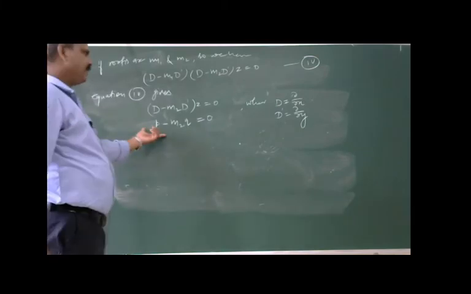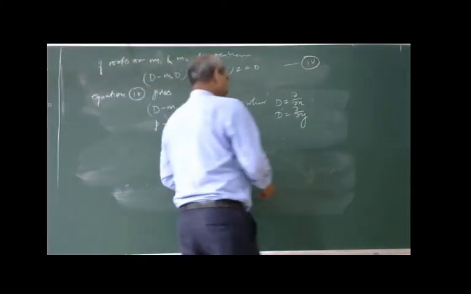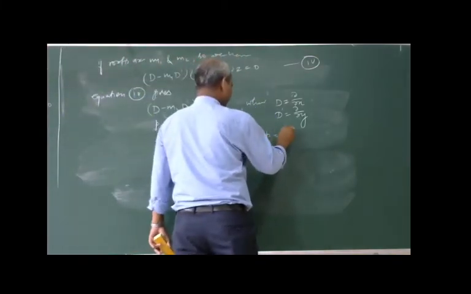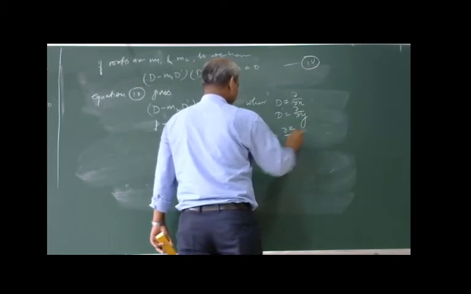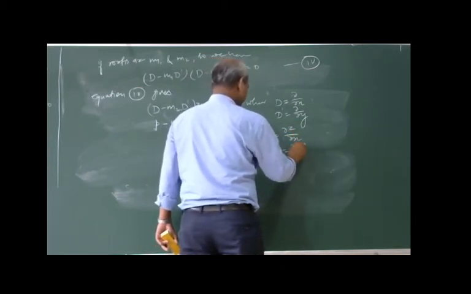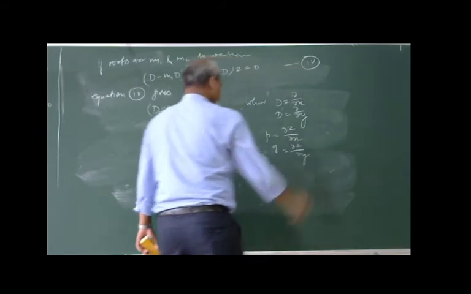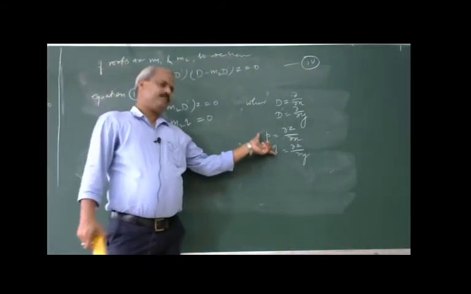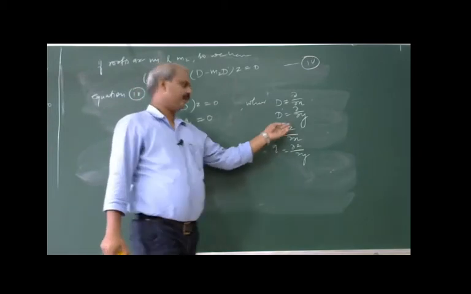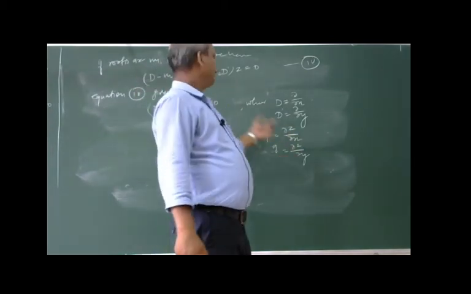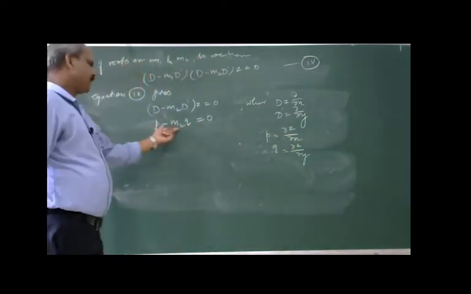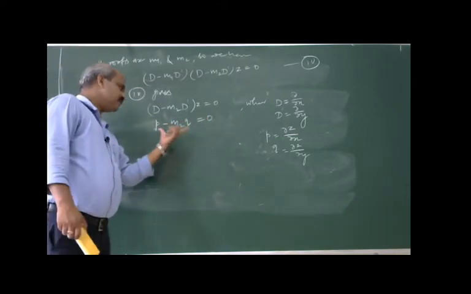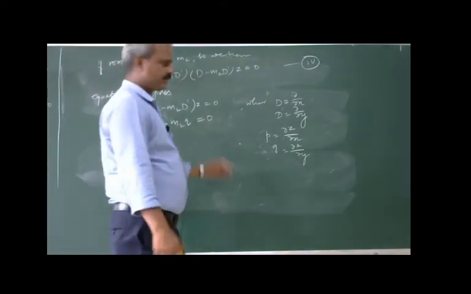We can write this because p stands for del z by del x and q stands for del z by del y. In first video you have learned about this. P equal to del z by del x, Q equal to del z by del y. So now from here P minus m2 Q is equal to 0, and this is the linear partial differential equation.